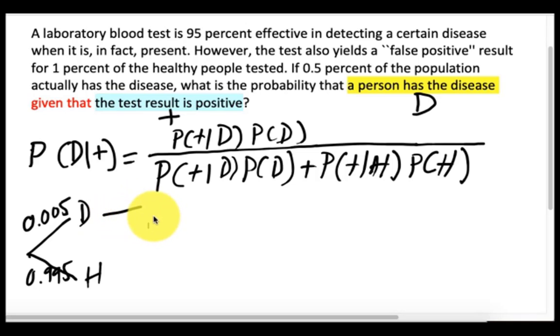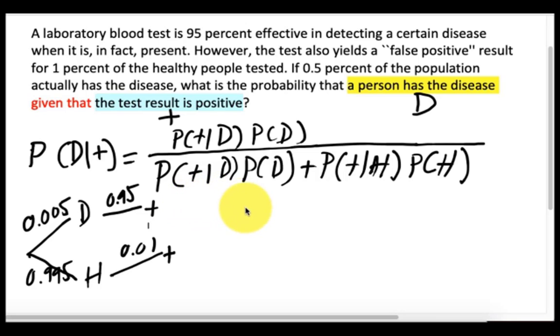And if the person has the disease, the probability that you get a positive result is 95%, so 0.95. And if the person is healthy, then it is 1%, 0.01.